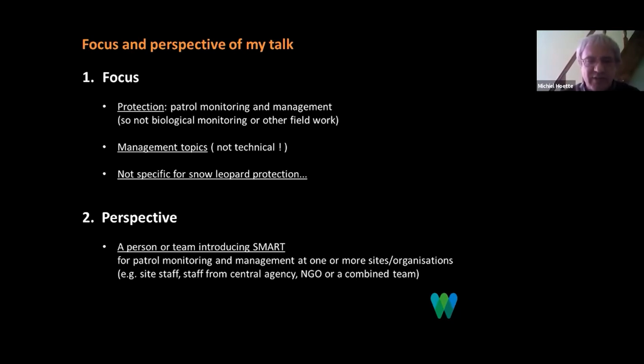So basically the perspective is: if you're going to introduce SMART at a site or at an organization working outside protected areas, how should you set up such a process?